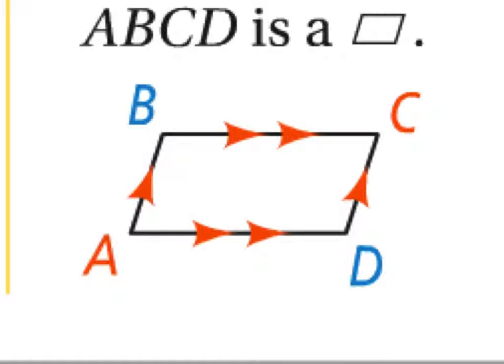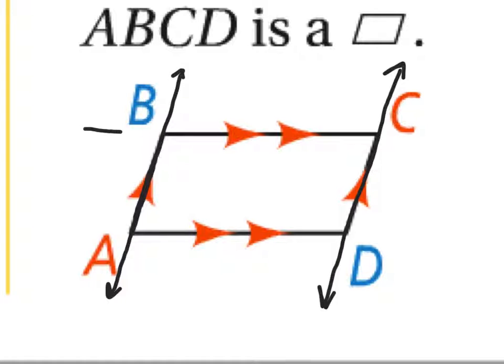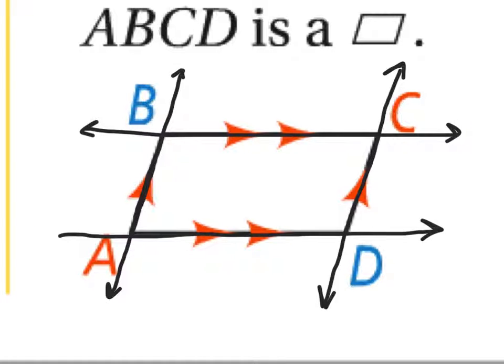So, let's extend out some sides here. We got this side. This side here. Now again, we're thinking back right now to parallel lines cut by transversals when we talked about those, okay? And I'm just going to, for the sake of argument, start by marking this angle with a single mark. Okay?